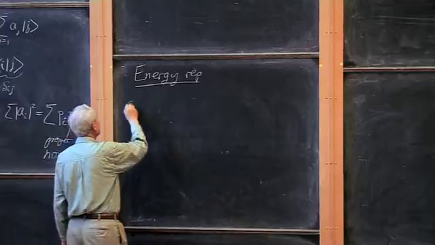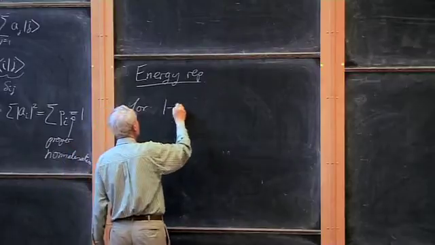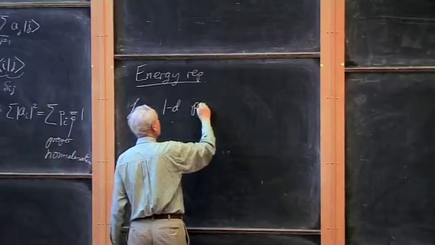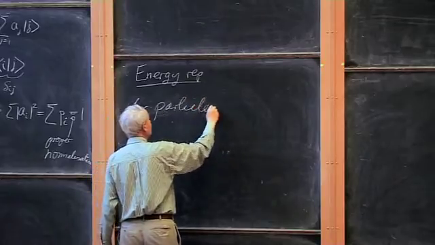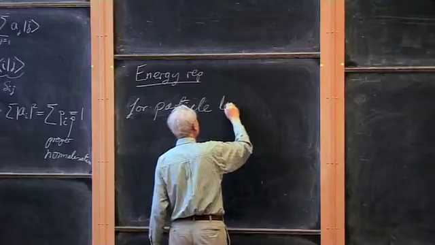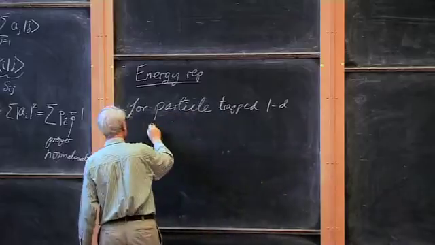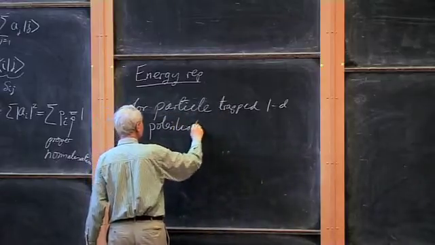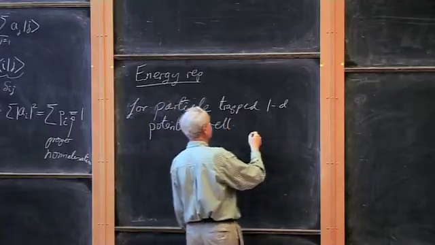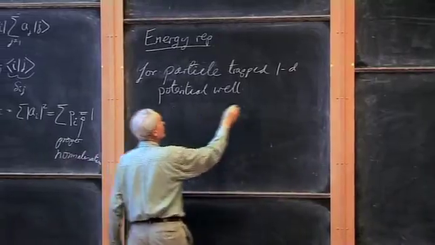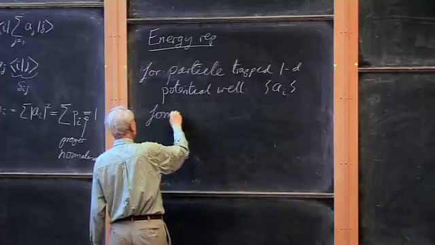So a complete set, so this is not always the case, but for a one-dimensional particle, a particle trapped, this is a very idealized situation, but never mind, trapped in a one-dimensional potential well. We will see that, and I'm asserting for the moment that the A_i form a complete set of amplitudes.